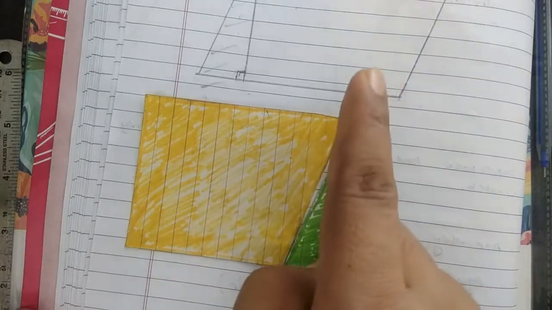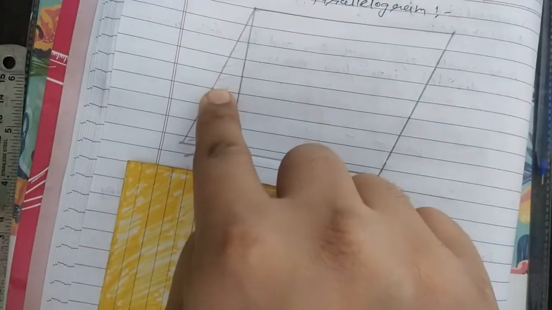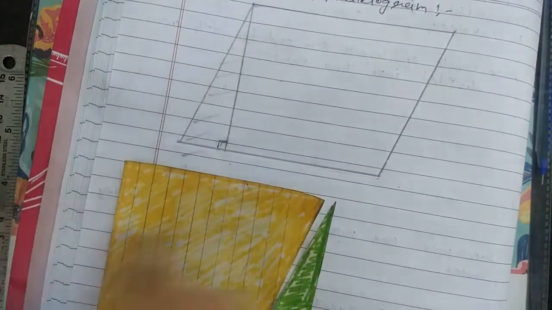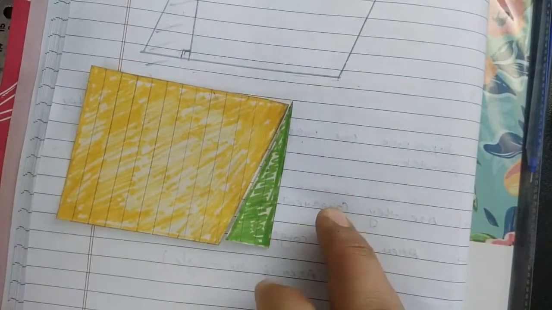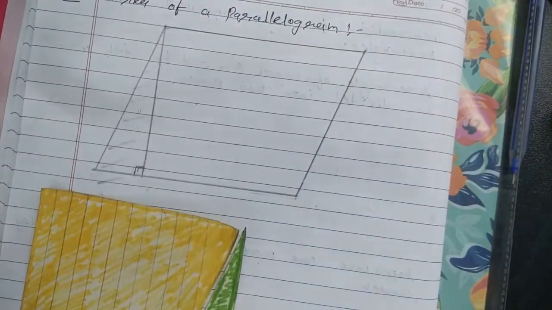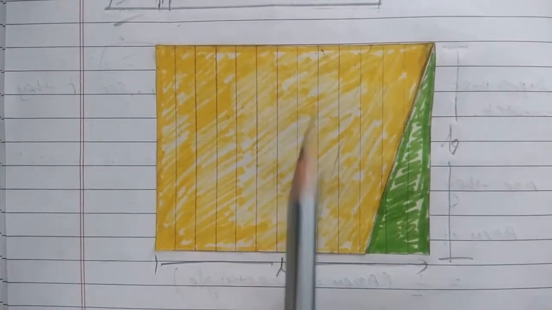So from a parallelogram, when we draw a perpendicular, that part will be a triangle, and when we cut that part and bring it to the other side, we get a rectangle. So now we will use this rectangle to find the area of a parallelogram. Here we got a new shape from a parallelogram.